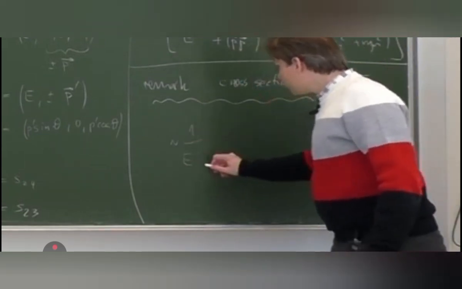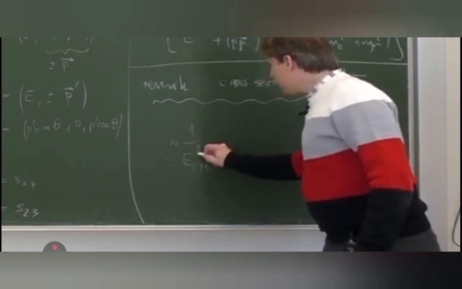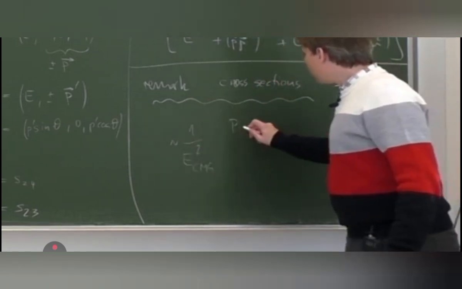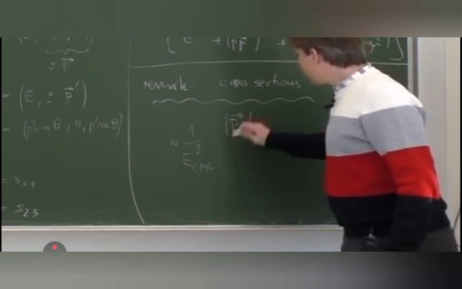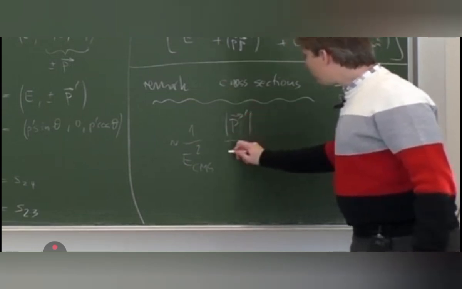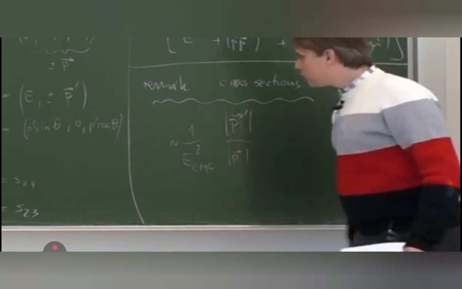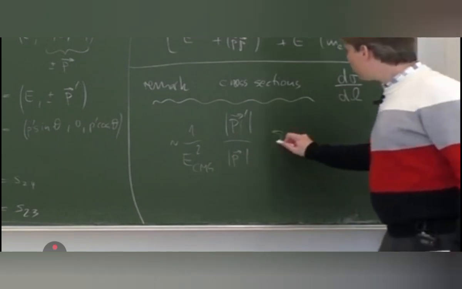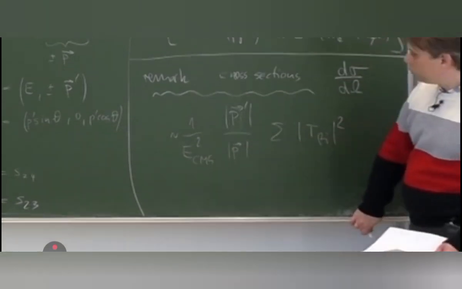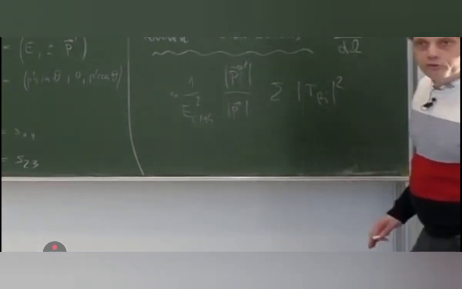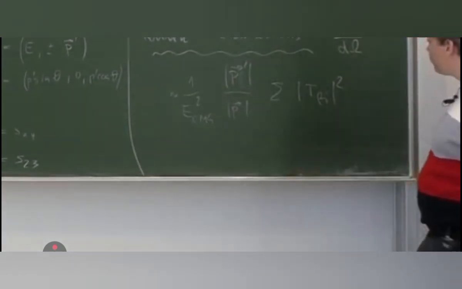We get a center of mass energy square in general times the final state momentum, or let's say here specifically p prime vector divided by p vector times the squared matrix element. Those are the essential factors, up to some additional numerical factors which are not essential.